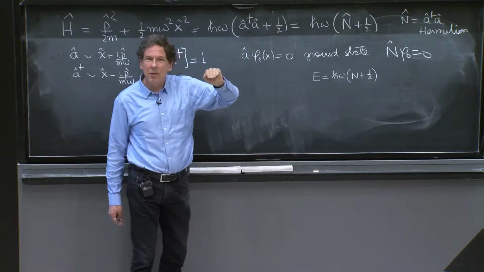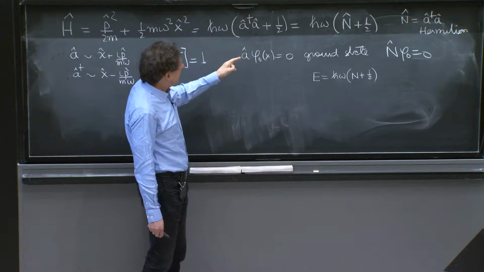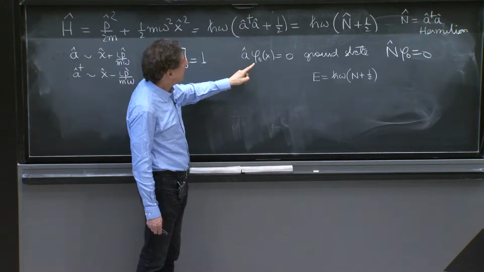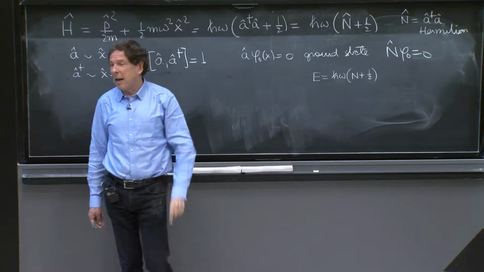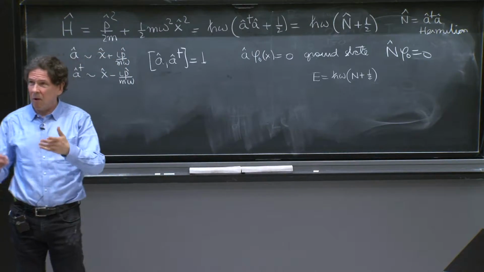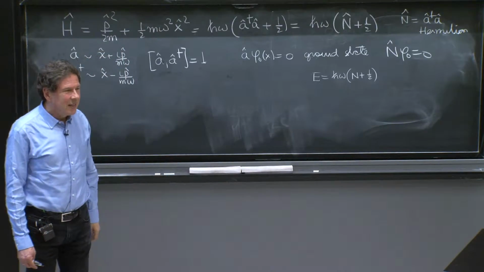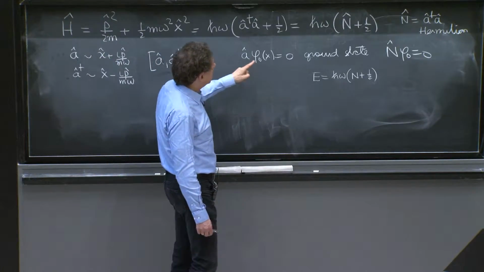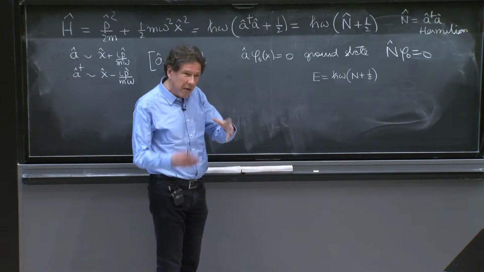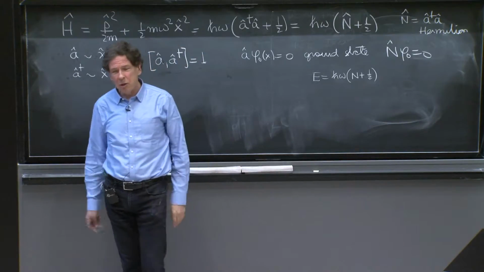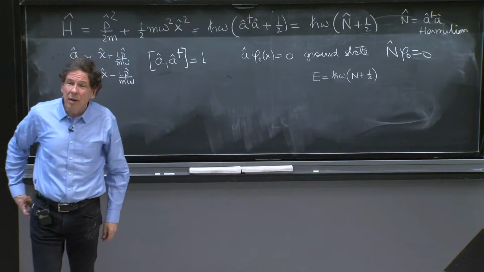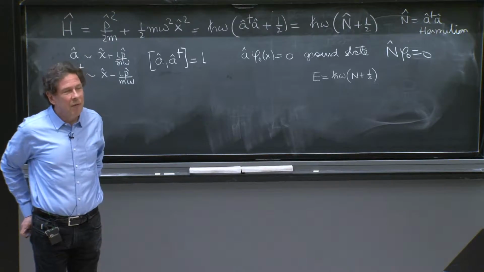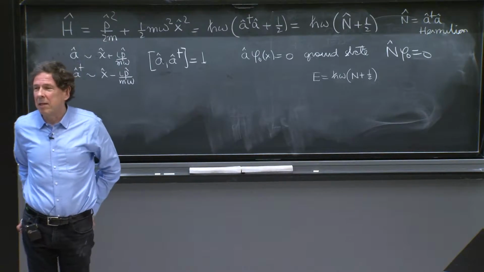Finally, we also showed that while the energy of any state would have to be greater than h omega over 2, if you had a state that is killed by A hat, it would have the lowest allowed energy, which is h omega over 2. And therefore, that is the ground state. And we looked at this differential equation, and we found this Gaussian wave function. And it's a first-order differential equation, and therefore it has just one solution, and therefore there is just one ground state.